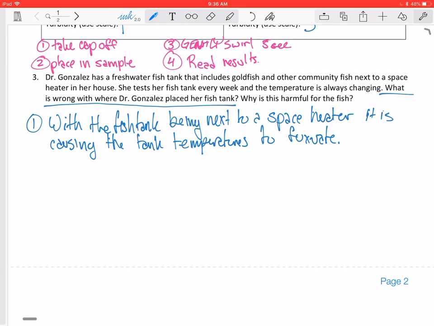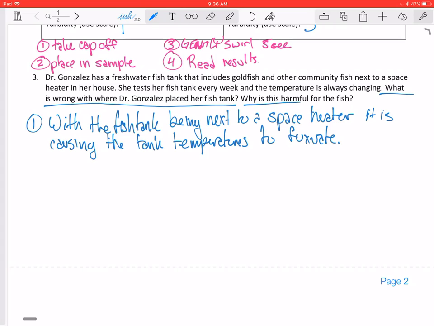So if you remember from our readings, you want to have your tank in a place where it's not being blasted by an AC vent. You want it to be not next to a space heater, not next to air ducts or anything like that, where it's going to turn on and off and cause the tank temperature to rapidly fluctuate.